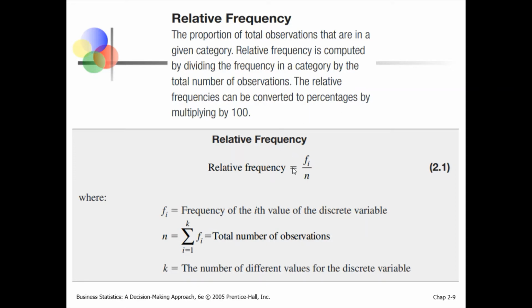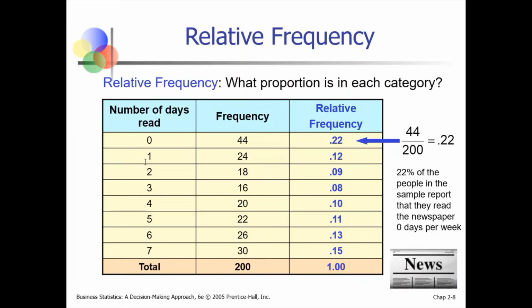So this is basically your relative frequency formula. Okay, so and here is your total number of observations, f is your frequency, and then it says here k, the number of different values for the discrete variable. Okay, so kani siyang k, this is kung pila ka buok. So mo ni mong k, no?